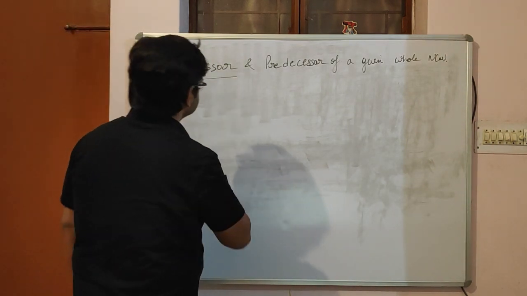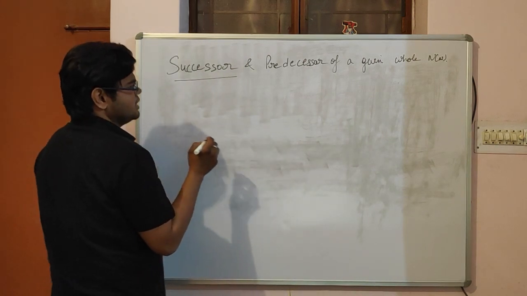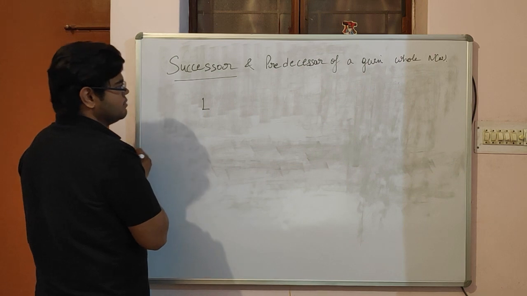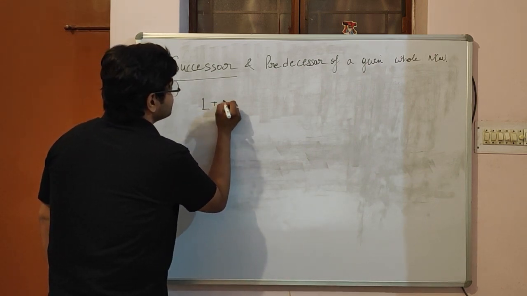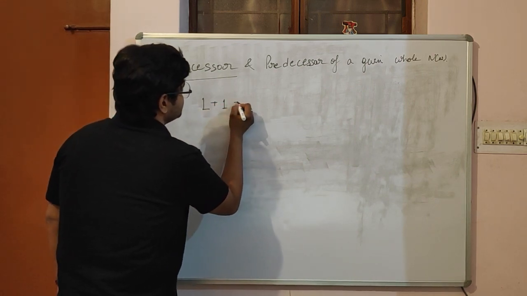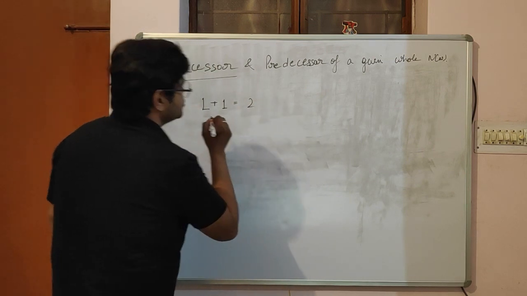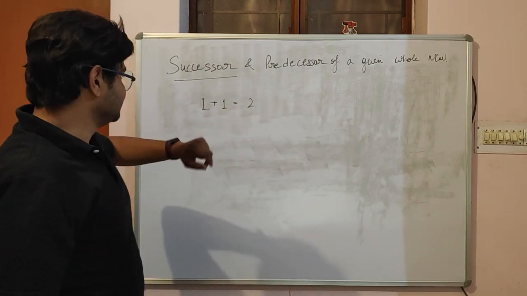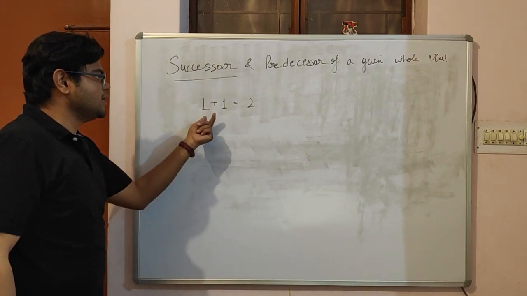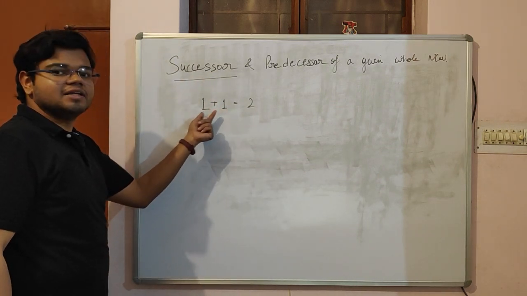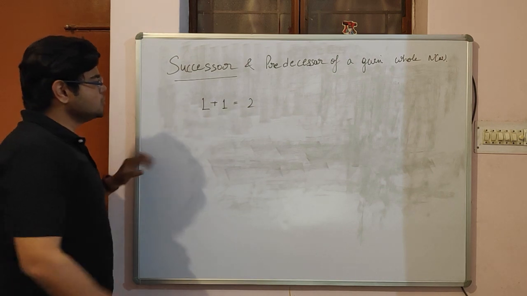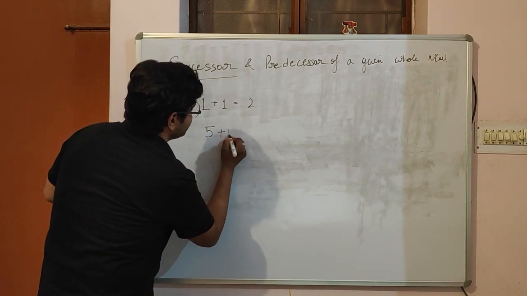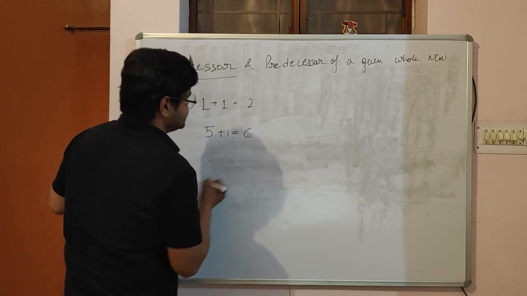Simply it means, suppose we have a number, let us take a whole number 1. So the successor of 1 will be 1 plus 1 equals 2. Let me explain this to you. The successor of a number is 1 greater than that number. Suppose we had 5, then 5 plus 1 equals 6.